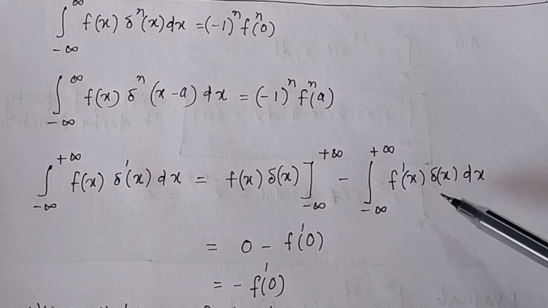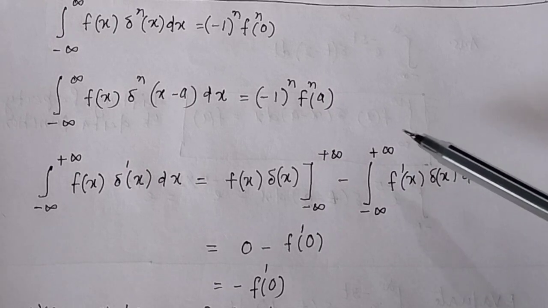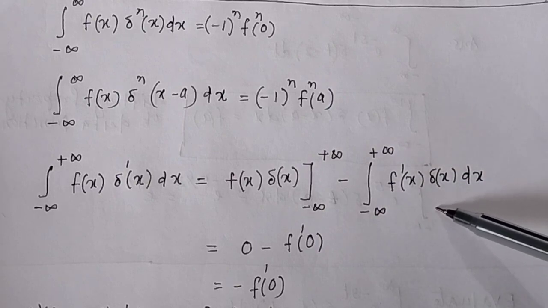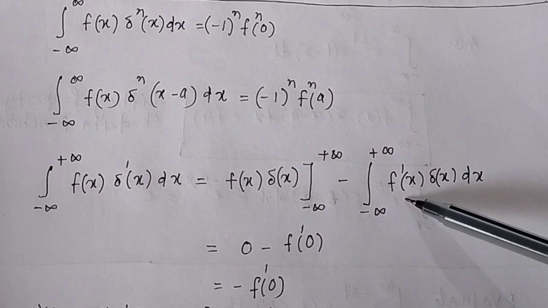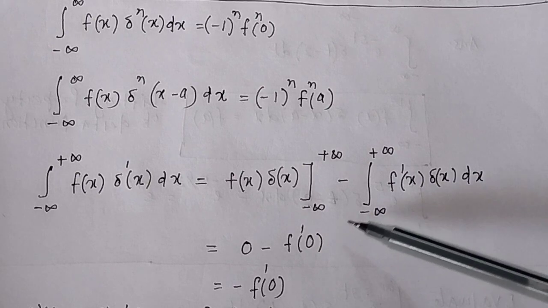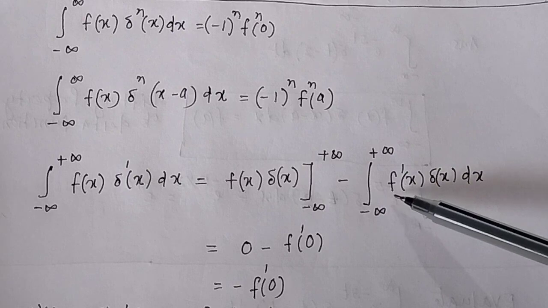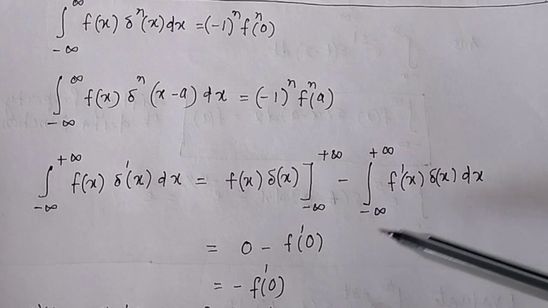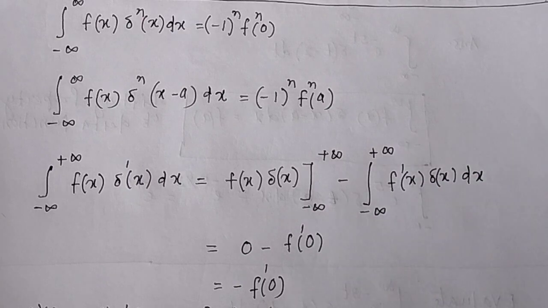As we have proved in the previous video, if you have this type of Dirac Delta function, then the value of the integral will be equal to the function at x equal to 0. That means the function here is f dash x, so the value will be equal to f dash 0, and you have a minus sign.